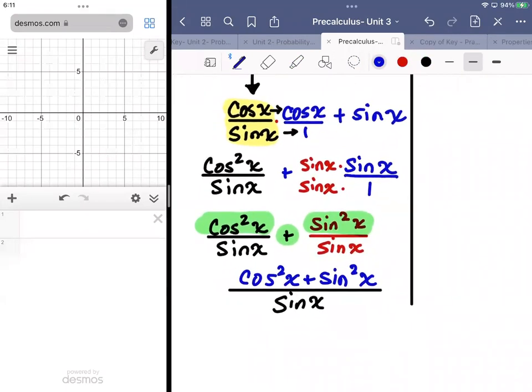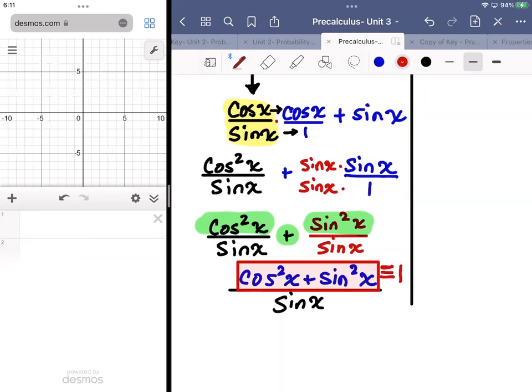Now that happens to be a rule. This is what we were talking about last time. We talked about a lot last time, but among the things that we discussed was the Pythagorean identities. And that is that cosine squared x plus sine squared x by definition is equal to 1. An equal sign with three bars means equals by definition.